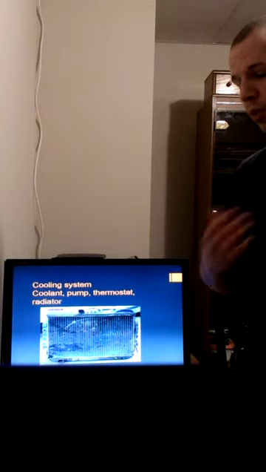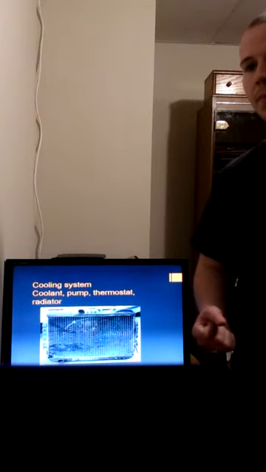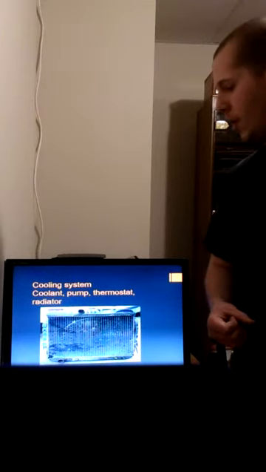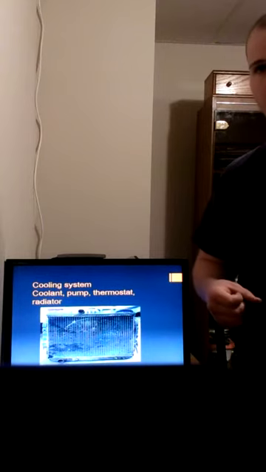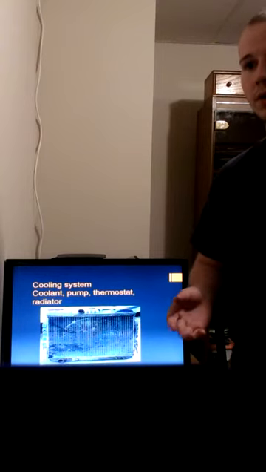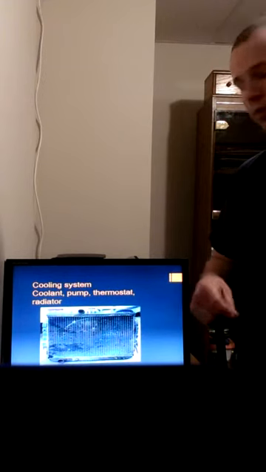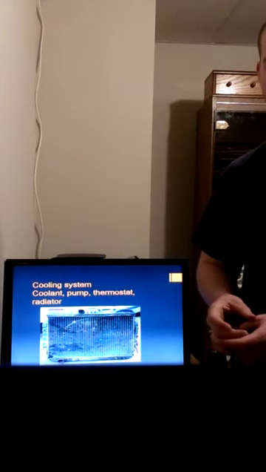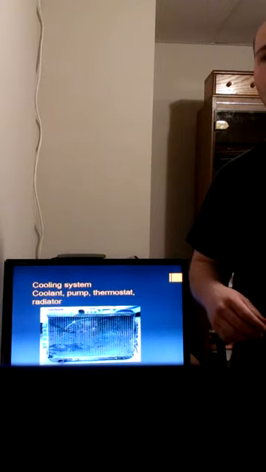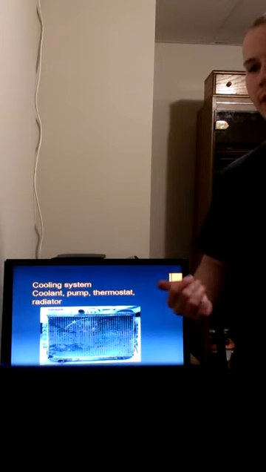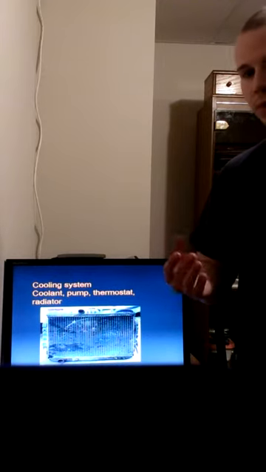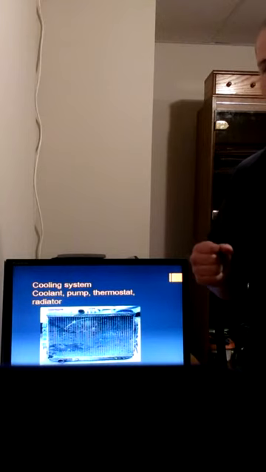So there will be a water pump driven from the serpentine belt on your engine, which circulates your water and antifreeze mix coolant through the block, through jackets and the head gaskets, which cools it, and then the coolant will be controlled by a thermostat.